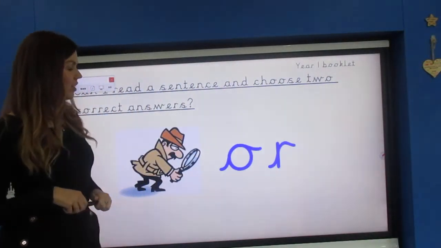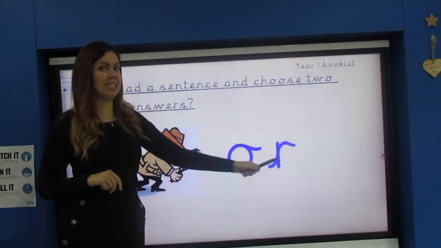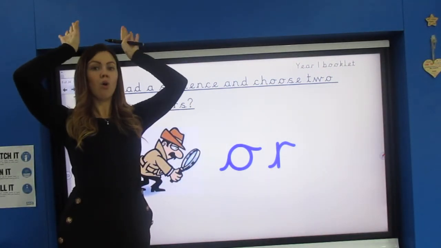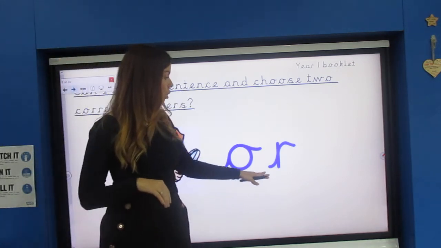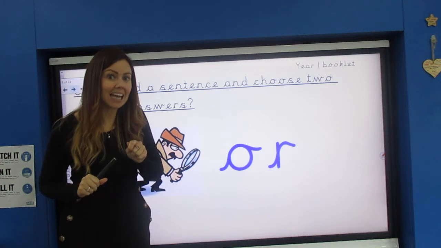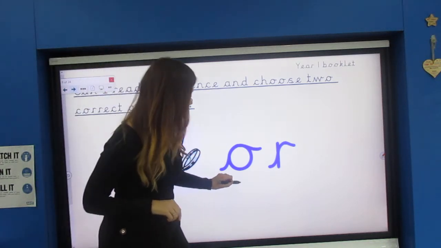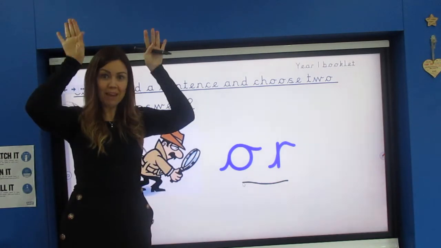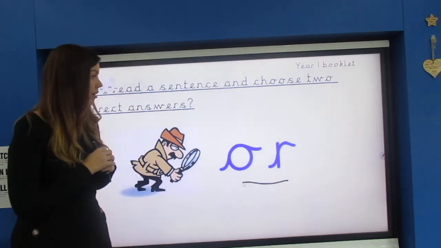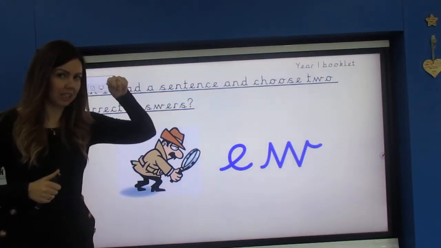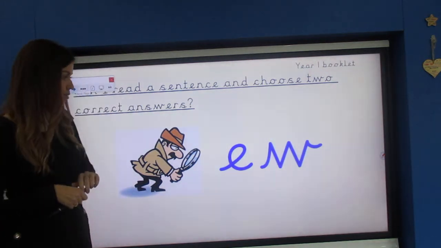The next one that I found that I think you might need to remember is the O sound. So O on a word makes O. So when you're looking through your text, find the O sound, put a line under it and say, I know what that is. It makes the O sound. Okay? Next one. Your detective glass, magnifying glass out.